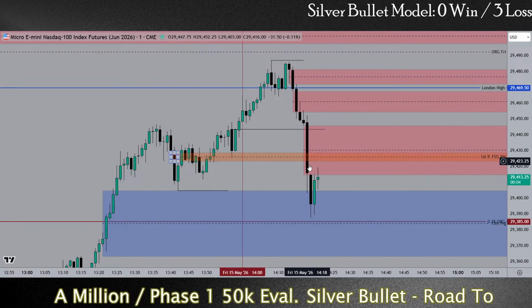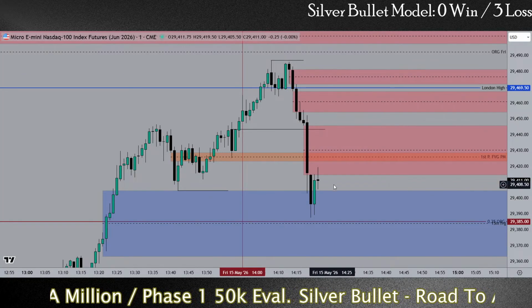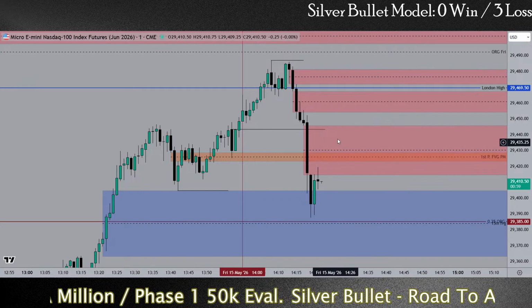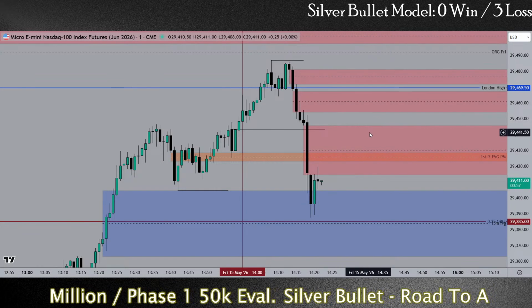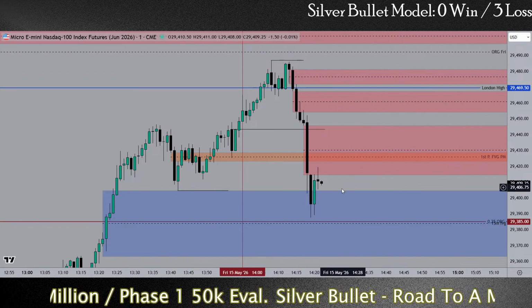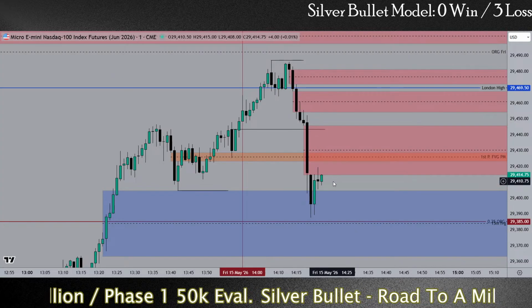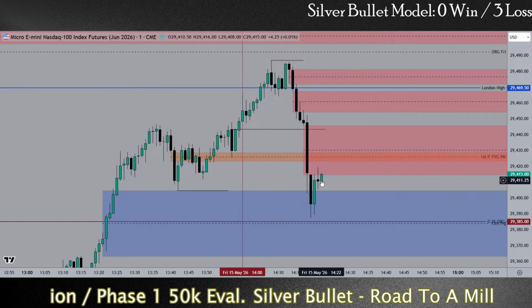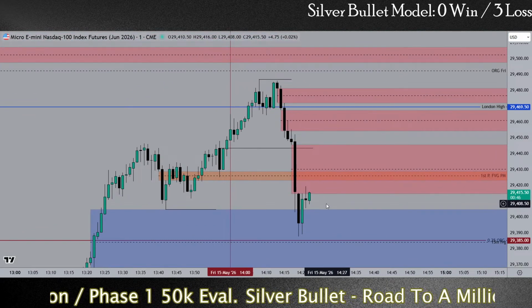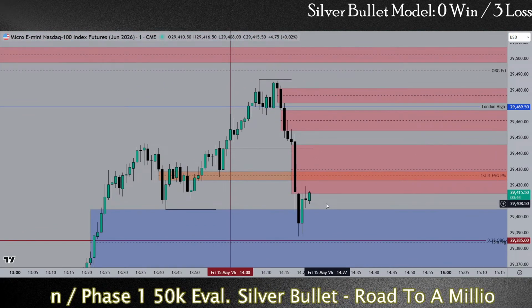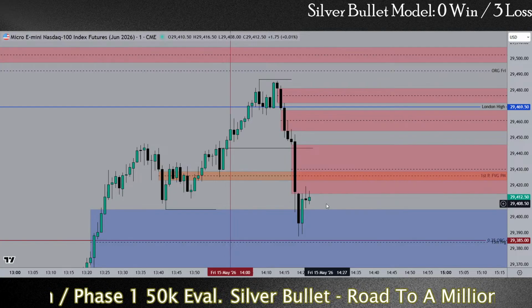So I'm watching whether we can actually inverse this level at this point. That's what I'm personally interested in, but yeah, we'll see what we get.